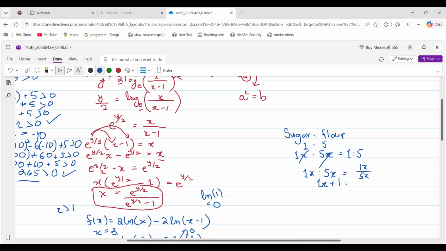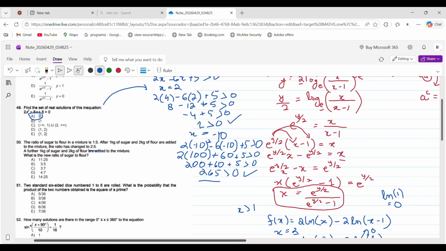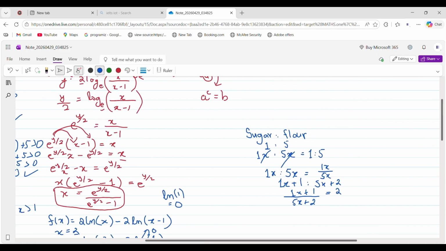And 2 kg of flour is added, so plus 2. This can be written as x plus 1 upon 5x plus 2. And now the new ratio has become 2:5.